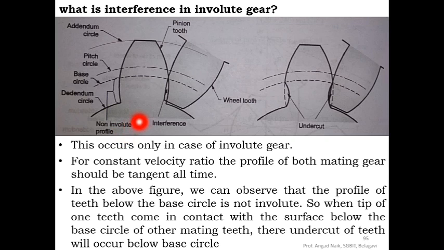So when the tip of one tooth comes in contact with the surface below the base circle of the other meeting tooth, undercut of the teeth will occur below the base circle. The same can be visualized with a different figure when we start the derivation.